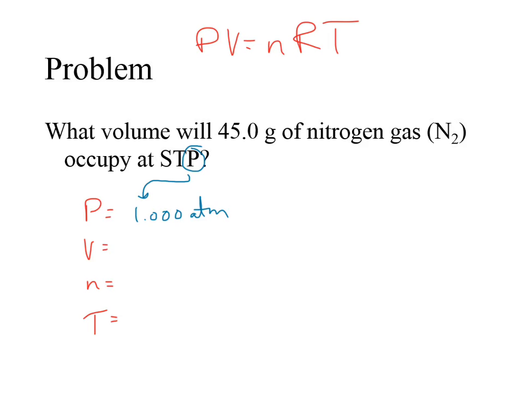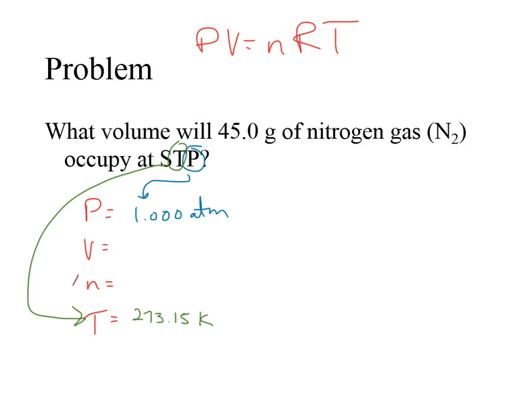Let's finish that standard stuff. If it's standard temperature, it's 273.15 Kelvin. We'll just go with the Kelvin temperature, not mess with the 0 Celsius. What else does this problem give? This is kind of like the problem we did with the carbon dioxide.